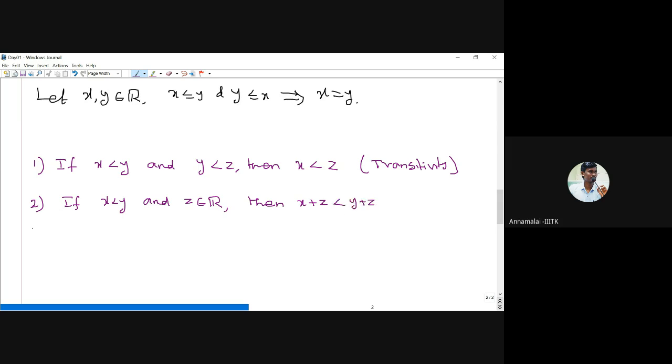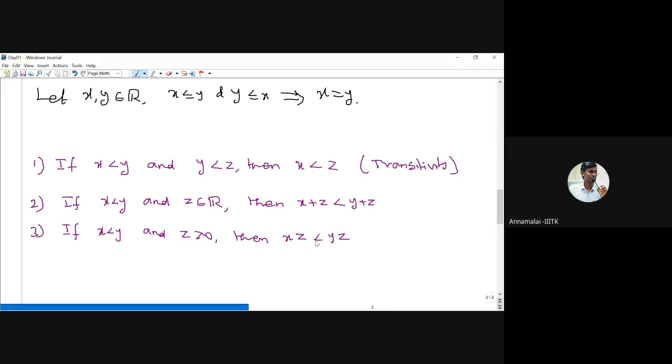And then the third property: if x is less than y and z is positive, then x times z is strictly less than y times z. If you multiply by a positive number, the inequality does not change.